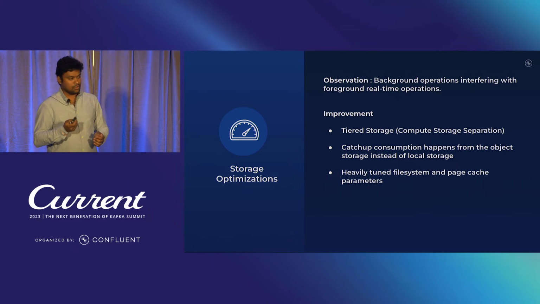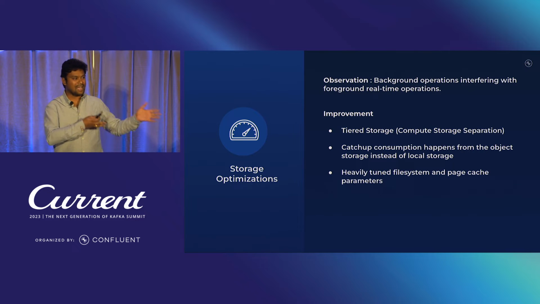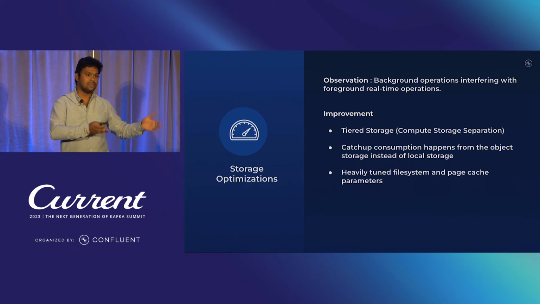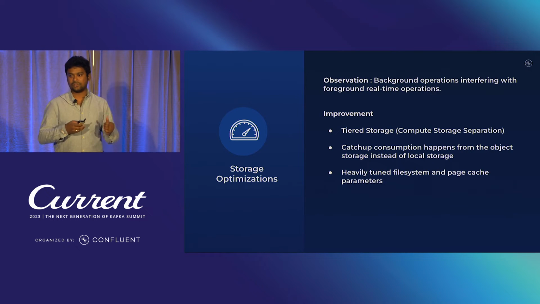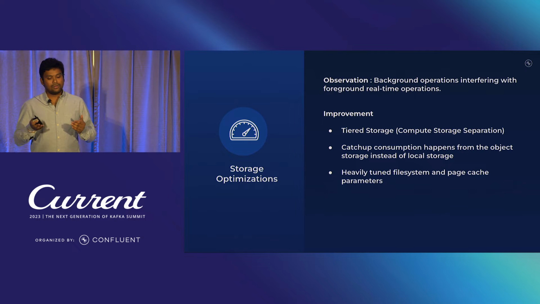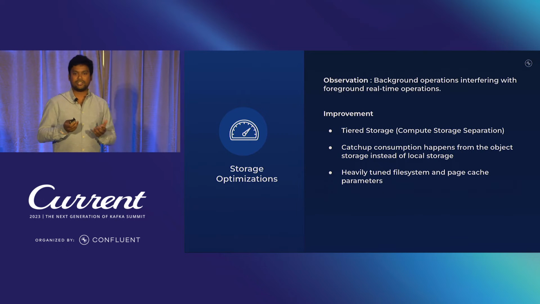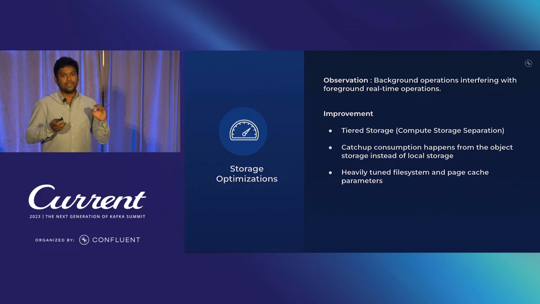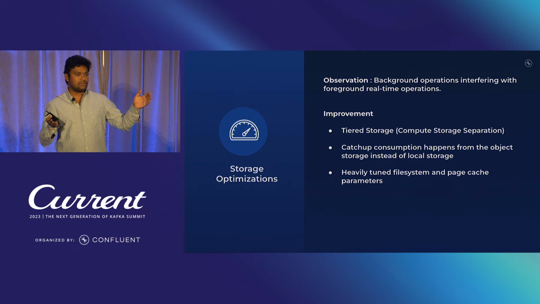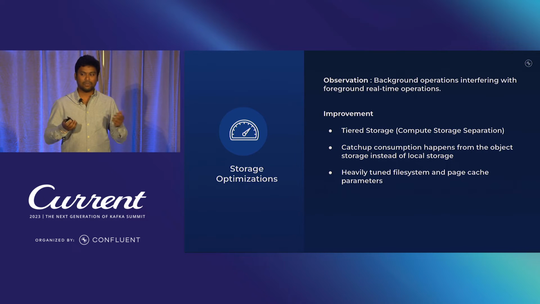The next interesting thing is storage. In storage, you have all these background operations like compaction and catch-up consumption. These things interfere with the real-time foreground operations that we were looking at. So the improvement here was that we built tiered storage. Tiered storage has been in Confluent for quite some time, and it's coming to Apache Kafka with KIP-405. It provides compute-storage separation, which helps with elasticity, by the way.